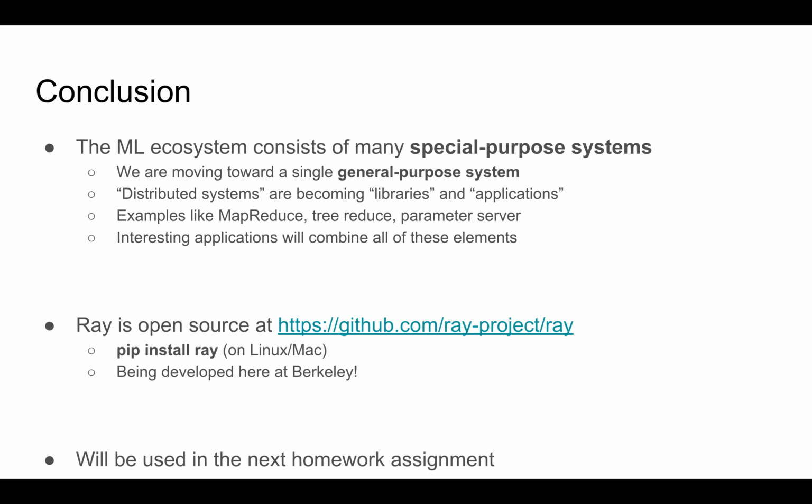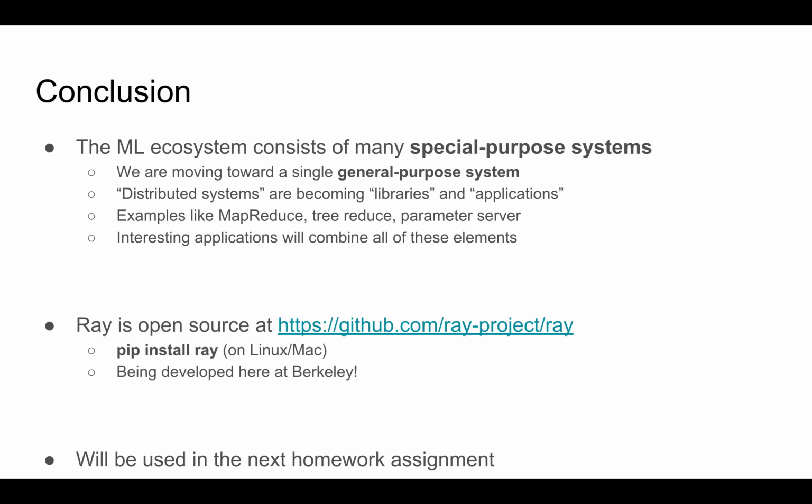So I want to point out that Ray is open source. It's a project that we're developing here at Berkeley, and it's something you can install and try out. It's trying to enable this trend of moving from special purpose distributed systems toward a general purpose distributed system, and trying to unify all the different aspects of the machine learning ecosystem that you've seen so far in this class.